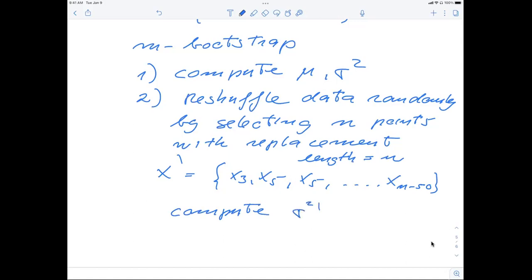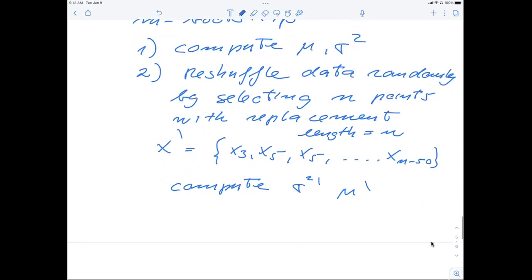Then what I will do now is to compute sigma squared prime and mu prime. And next, I will simply repeat these steps m times. So you could now think of yourself as artificially generating m new experiments.